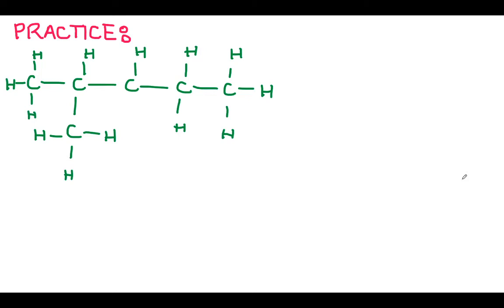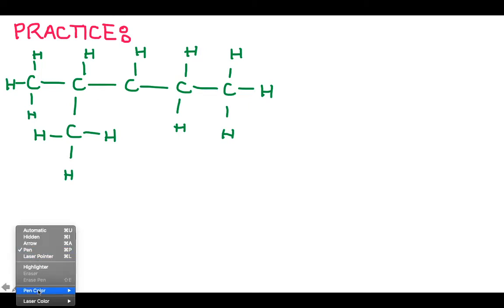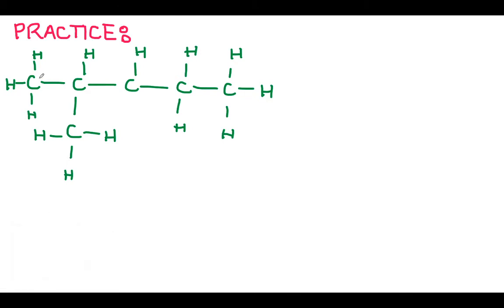Our first step is always to identify the longest continuous carbon chain. So if we take a look at this particular structure, there's a few ways that I can do it. There is a correct method to this, and as we go through our next few examples, it'll become obvious to you, but let's start from left to right, right? So I'm gonna maybe choose a different color here.